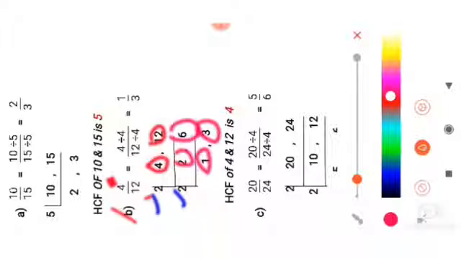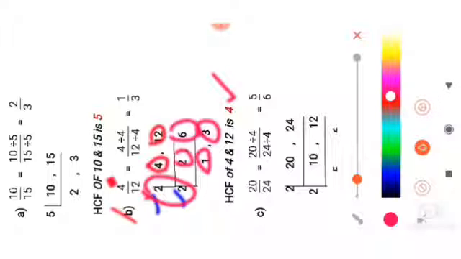So in this step you can see the last two numbers are 1 and 3. Is there any more common factor? No, there is no more common factor. So what is the HCF of 4 and 12? The HCF of 4 and 12 is 2 into 2, that is 4.